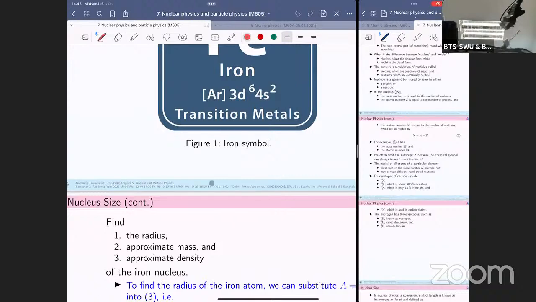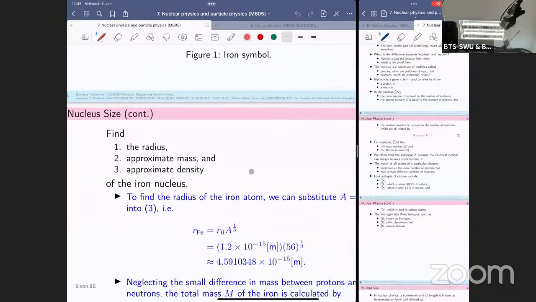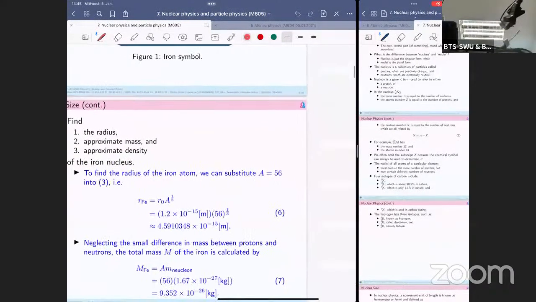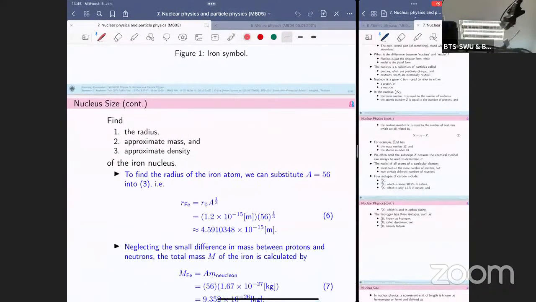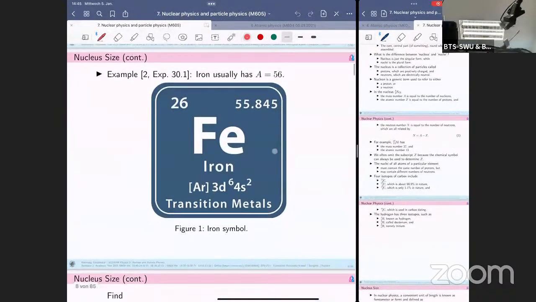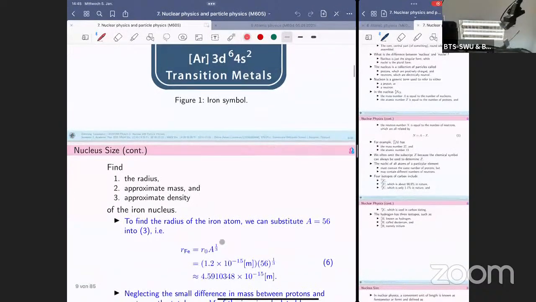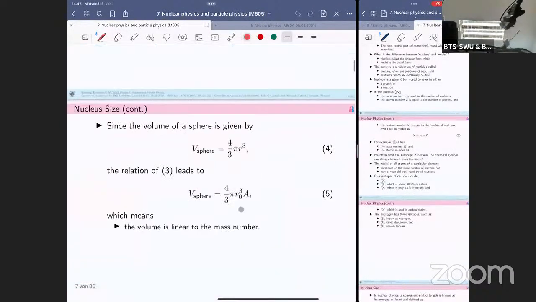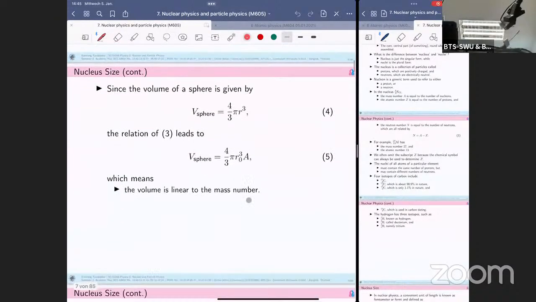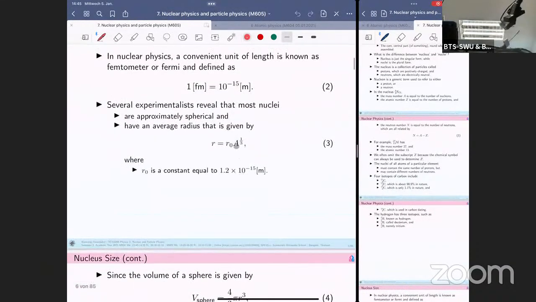To find the radius of the iron nucleus, we substitute A equal to 56 as the question suggested, and R0 is this one.